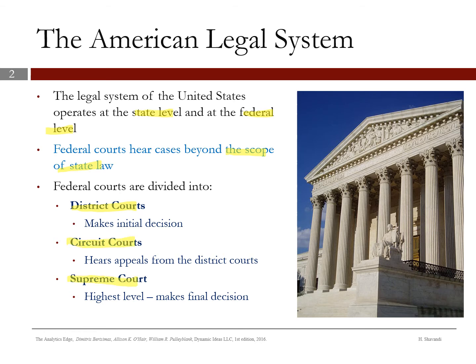In the US, we have 94 district courts, 13 circuit courts, and 1 Supreme Court. The district courts make the initial decision, then the circuit courts hear the appeals from the district courts, and at the end, the Supreme Court, which is the highest level, makes the final decision.